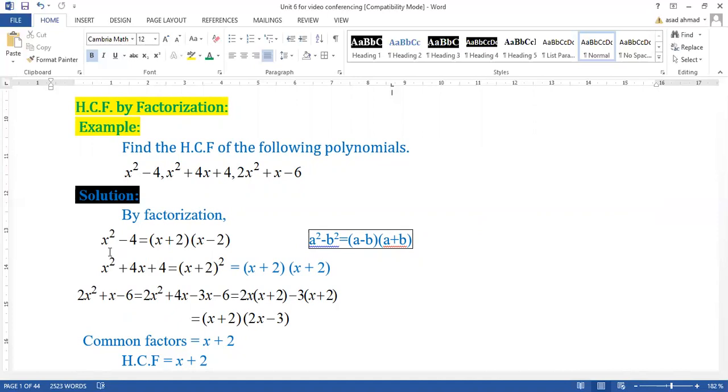As you can see in this example, x square minus 4 is written as x plus 2 times x minus 2, and I have given a reference in the box that this is the factorization of the form a square minus b square.